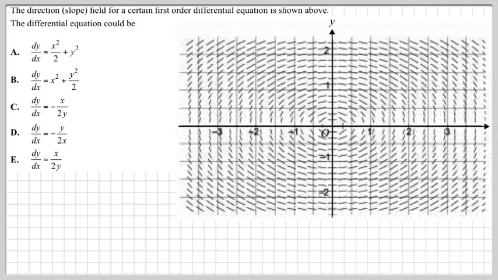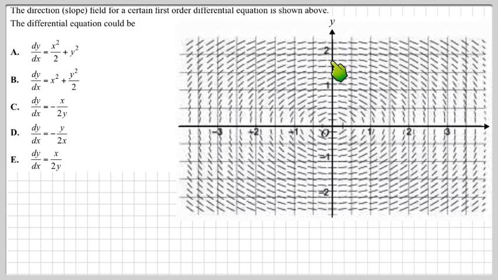Yep, B was right. Another ellipse, isn't it? Now, let's analyse all this. The centre of this ellipse looks to be on the origin, doesn't it? Would you agree with that? Have a little axis scan here. When x is 0, dy dx is 0.